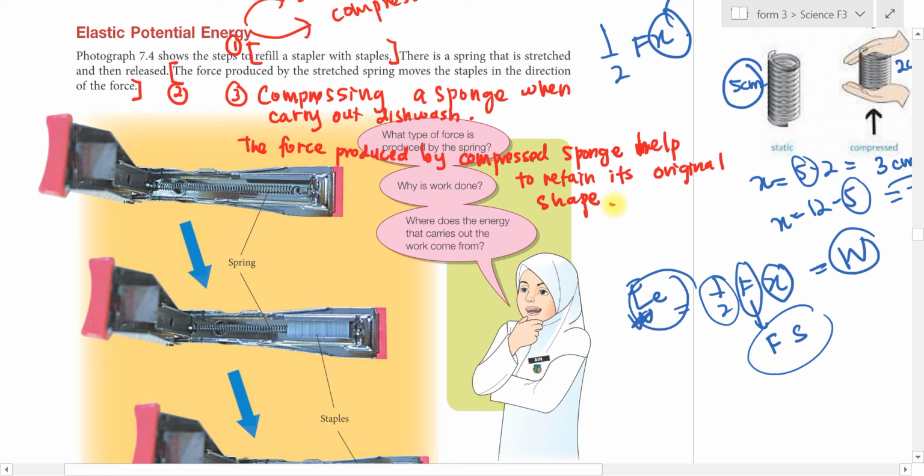Okay, the force produced by compressed sponge helps to retain its original shape. Example, with that compression force, it returns to its actual shape, it will go back to its original form. These are the 4 points.